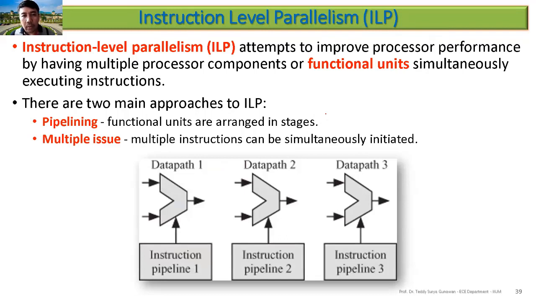Let's move on. So we have discussed the solution to the von Neumann bottleneck: the cache and the virtual memory. Now another solution for the von Neumann bottleneck is instruction level parallelism. Instruction level parallelism attempts to improve processor performance by having multiple processor components or functional units simultaneously executing instructions.